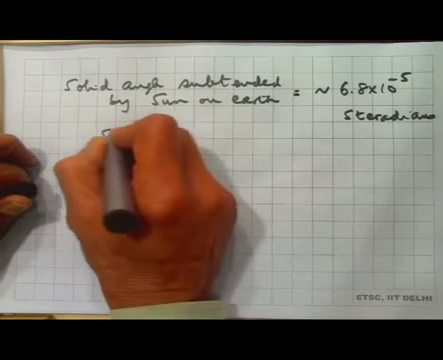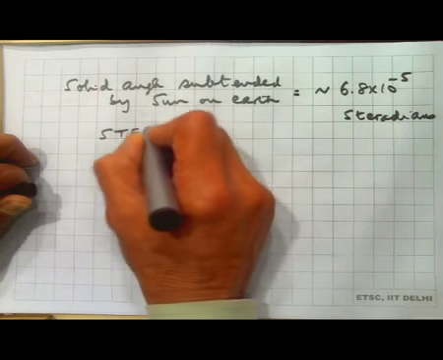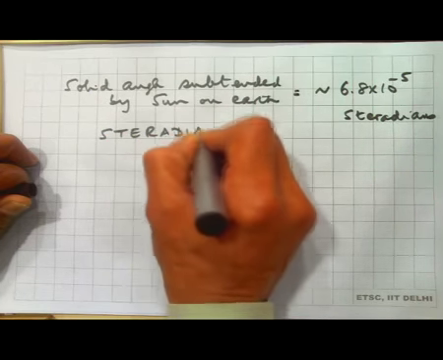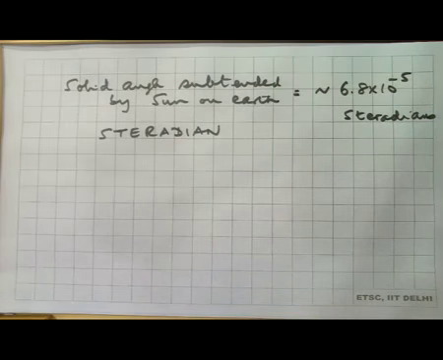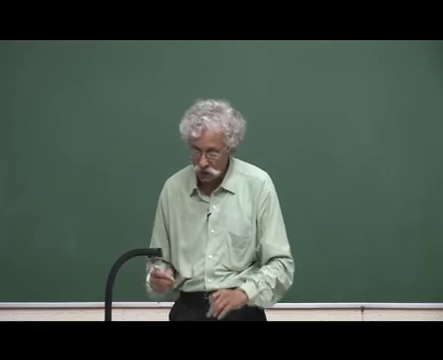It is a unit of solid angle. Radian is a unit of angle. Steradian is a unit of solid angle. So, the sun subtends a solid angle of 6.8 into 10 to the minus 5.